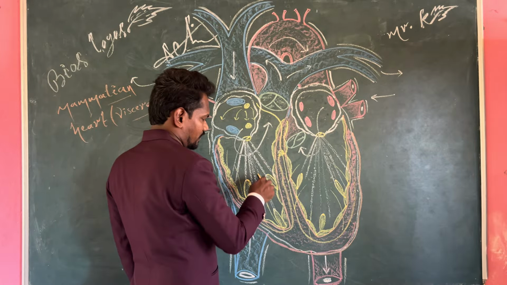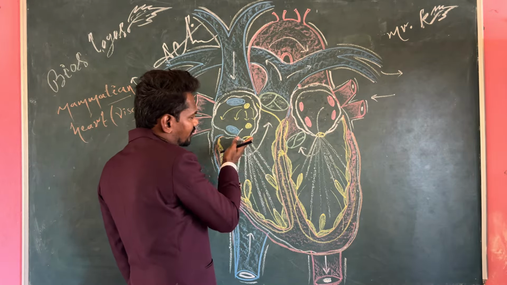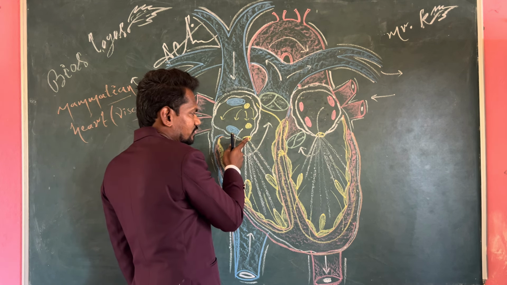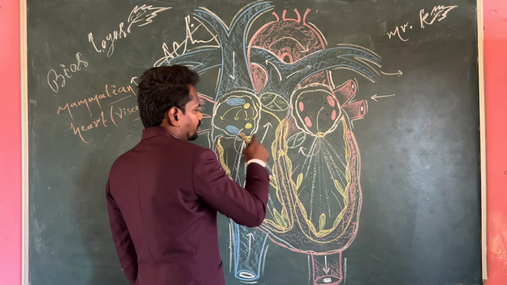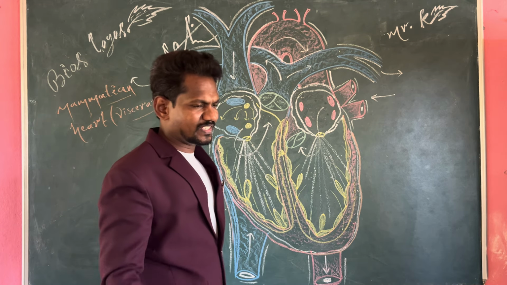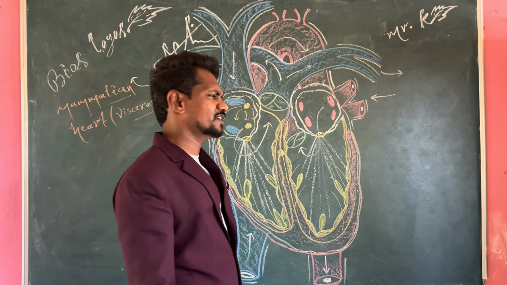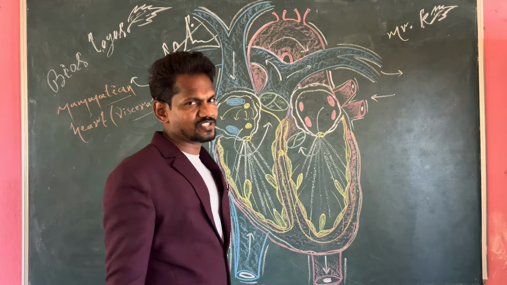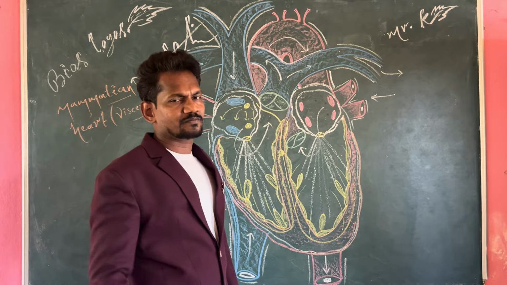During the contraction, the blood tries to flow back into the auricles. At that time, both the tricuspid and bicuspid valves close together. Then a sharp sound is generated, the lub sound.